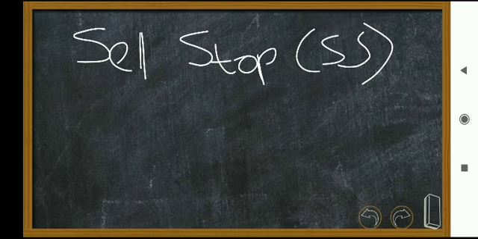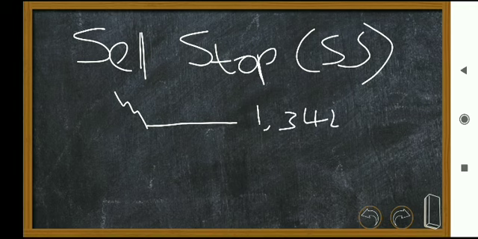Let's see right now the current market price is at 1.3420. So you set your sell stop below. Your sell stop must be set below the current market price. This is the current market price. So your sell stop must be set at a price which is below the current market price.